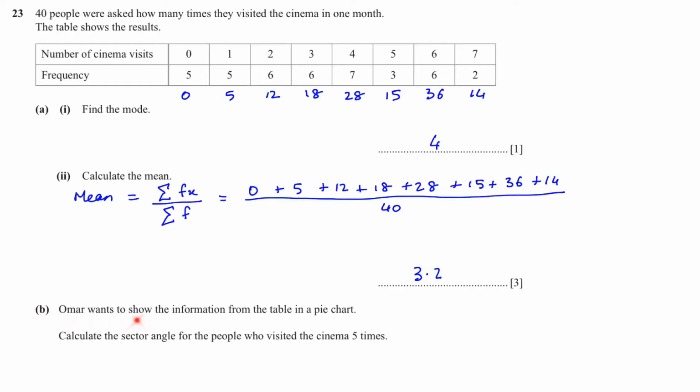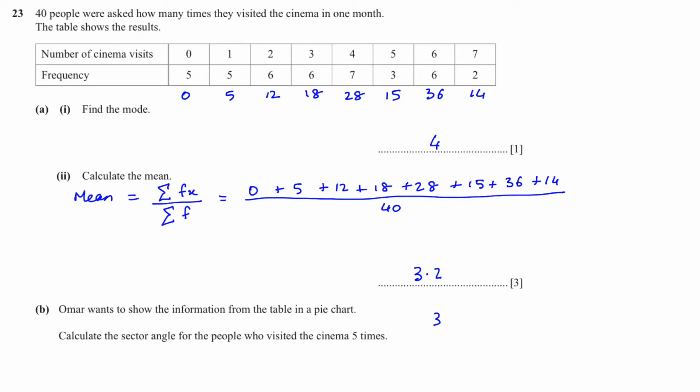In part B, Umar wants to show the information from the table in a pie chart. Calculate the sector angle for the people who visited the cinema 5 times. So we are interested in this data. 5 times, the people who went to cinema are 3. 3 out of the total, which is 40.